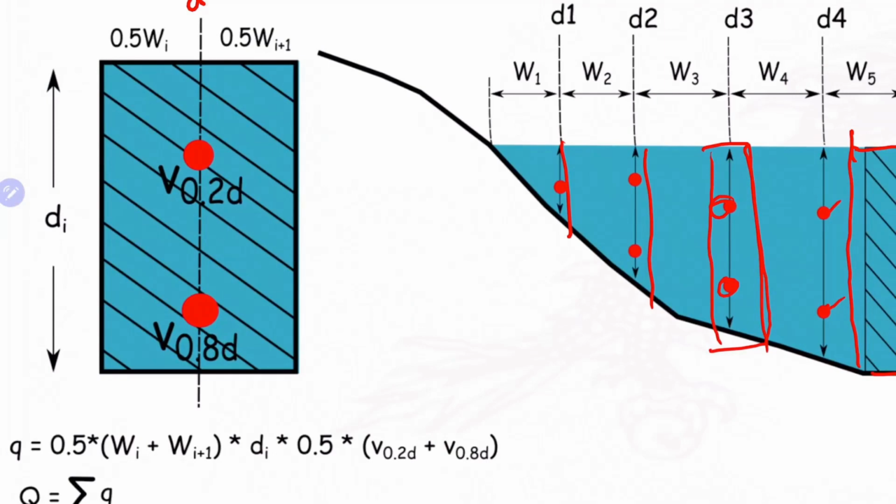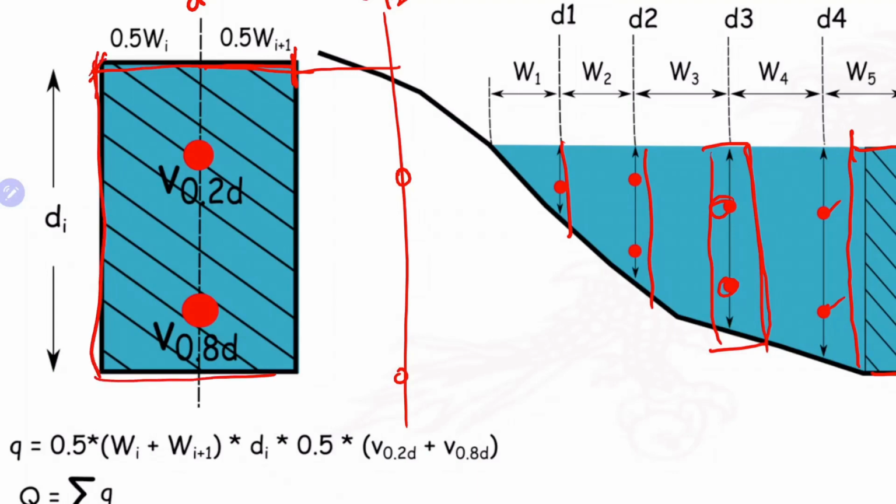You go half the way towards the right, to the next vertical where you are measuring the next velocity set. So you go from this D half the distance to the right and half the distance to the left, and this becomes one strip.